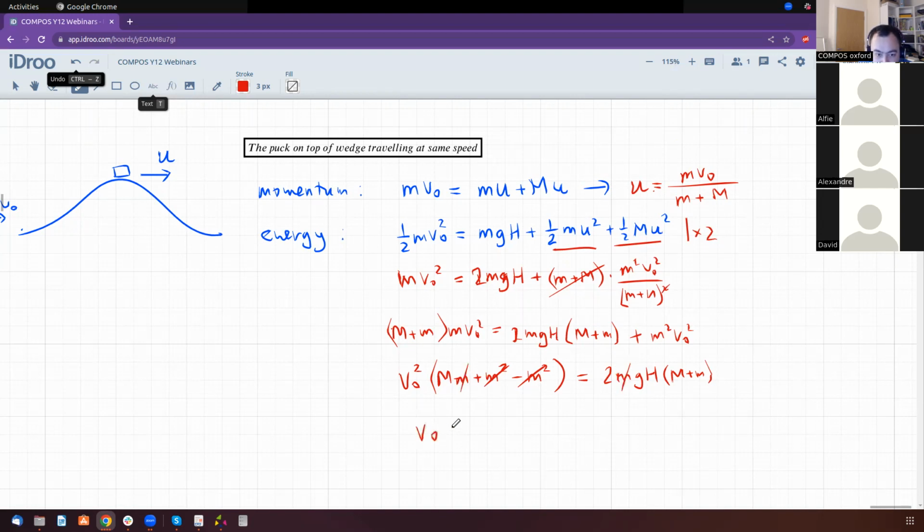You have V0 is equal to square root of 2gh over m plus m. All right, let's find that. So it's 20 times 1.2 times 6, 12 meters per second.